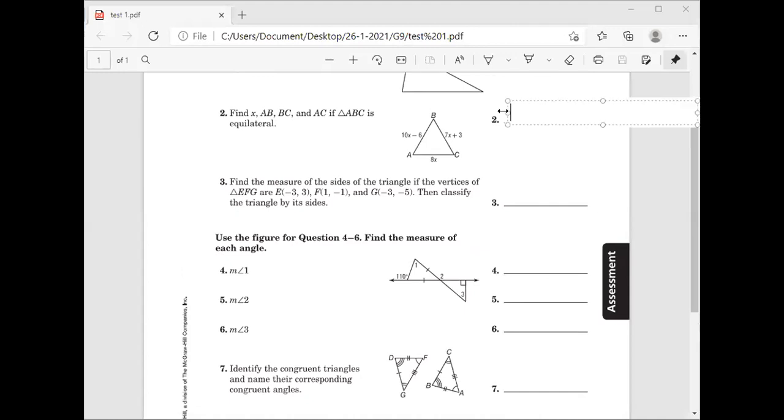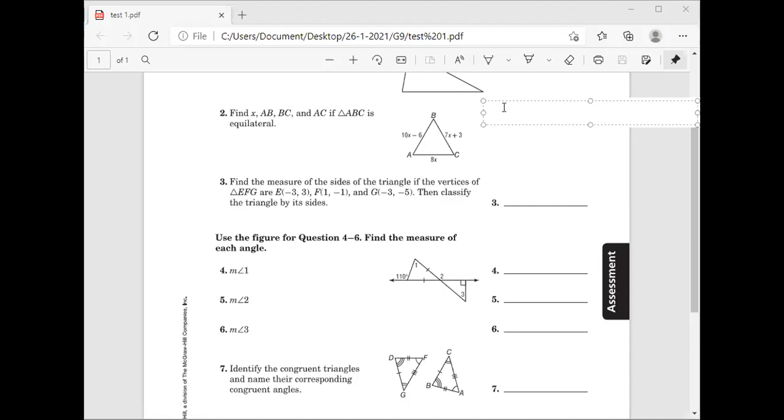You are going to make 10x minus 6 equal 7x plus 3 equal 8x? Or can we choose only two sides? Two sides, right?